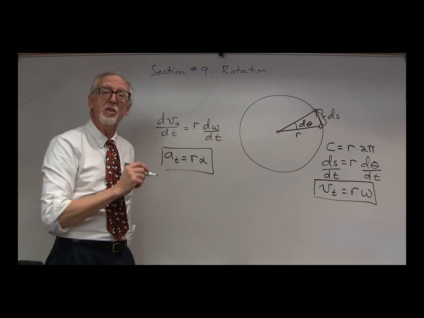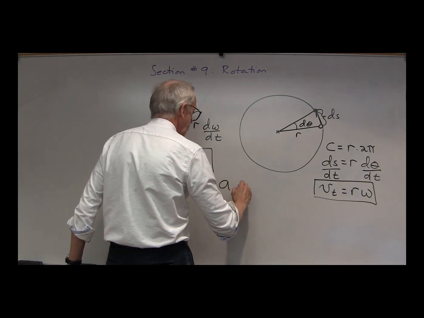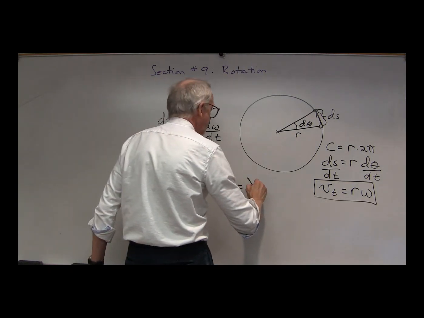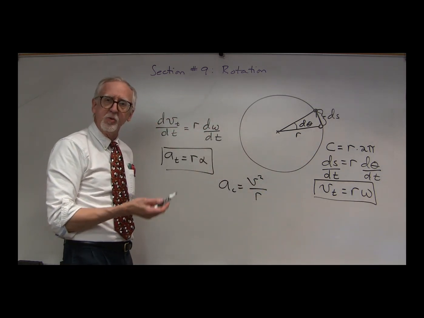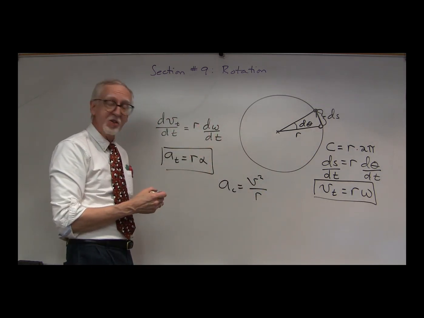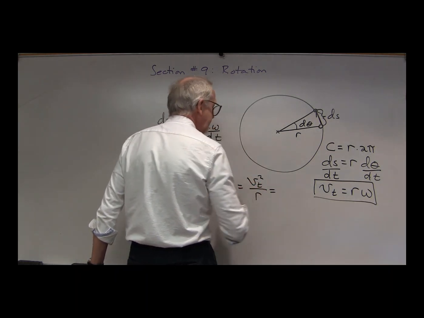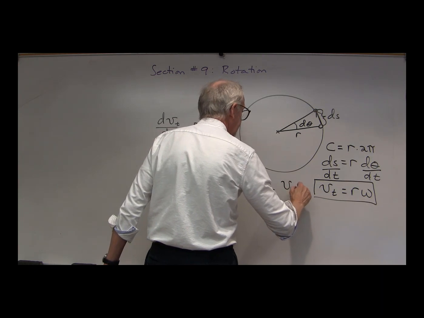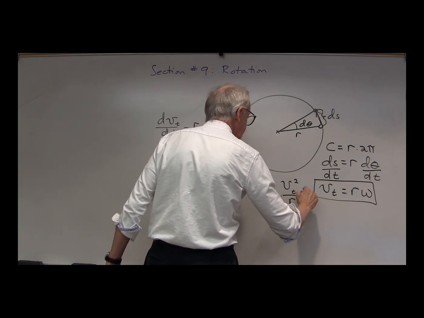But we also know that there is a centripetal acceleration, which was equal to v squared over r. And what v was this? That is what we were calling the tangential velocity, v sub t squared. We can write this as v sub t squared over r squared times r.